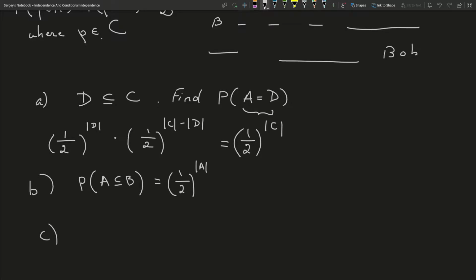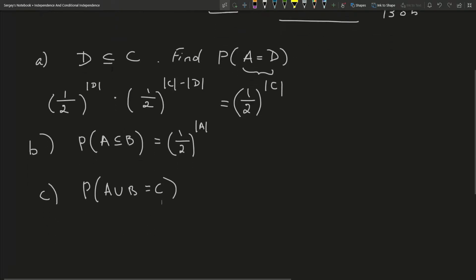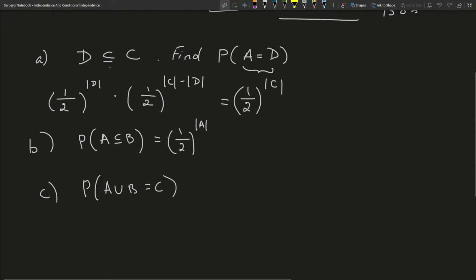Now moving on to part C, we're asked to find the probability that A union B equals C. This means that every one of these 100 other people is either friends with Alice or friends with Bob. Well, let's do the following.